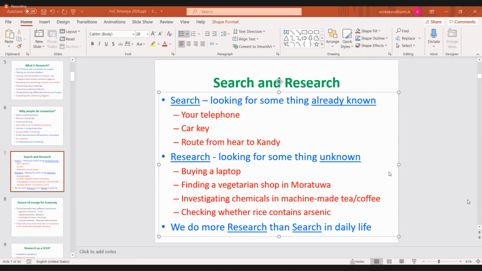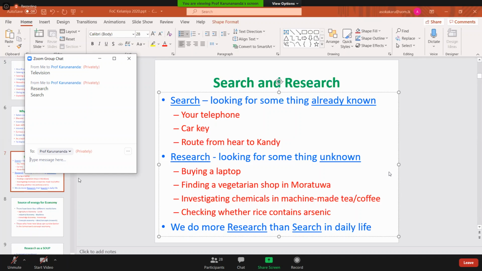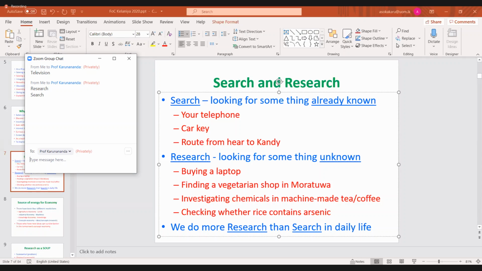Searching or researching? Suppose you are interested in computer science. Then you are looking for universities having computer science degrees. But you don't know beforehand which university you will be selecting. Today you might decide, I will go to Colombo. Tomorrow you decide, I will go to Kelaniya. After that you decide, I will go to Kandy, whatever. Sometime late you finally decide I will go there, but you are not really sure about it beforehand.